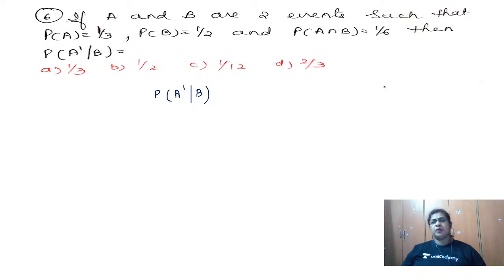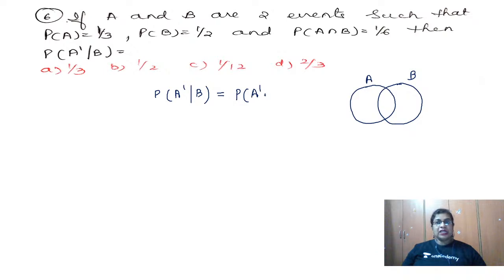Now, this particular problem can be solved in two ways. So first way is, look here now, this is your A and this is your B. Now, here, what is the formula? P of A dash given B, the conditional formula, is nothing but probability of A dash intersection with B whole divided by P of B. Now A dash means what?